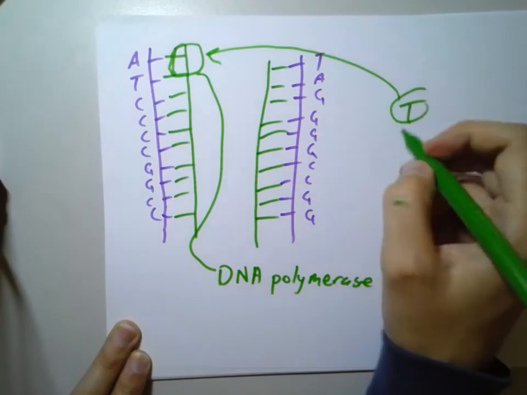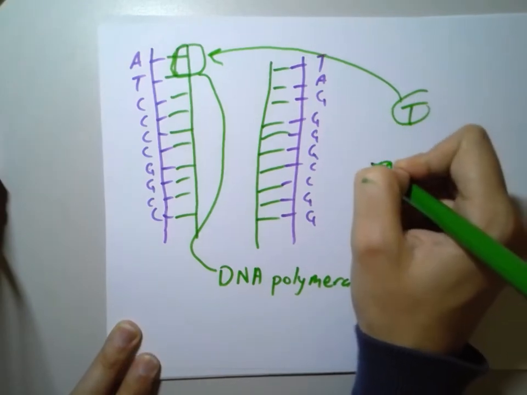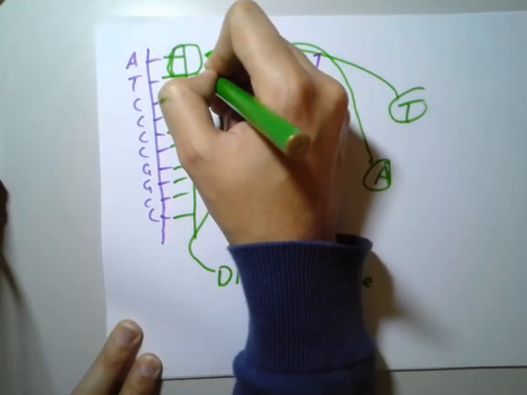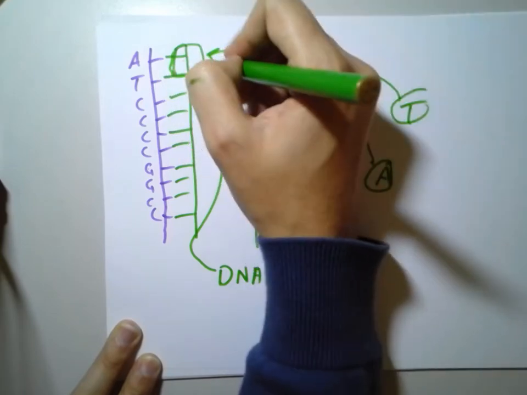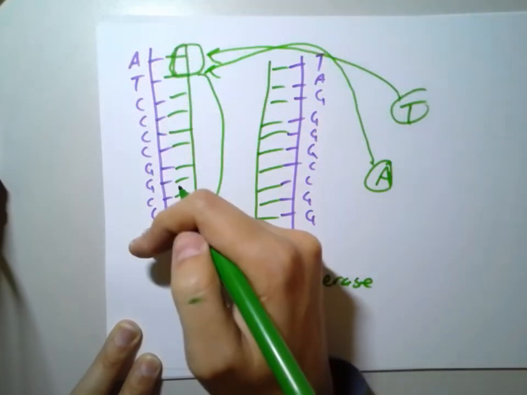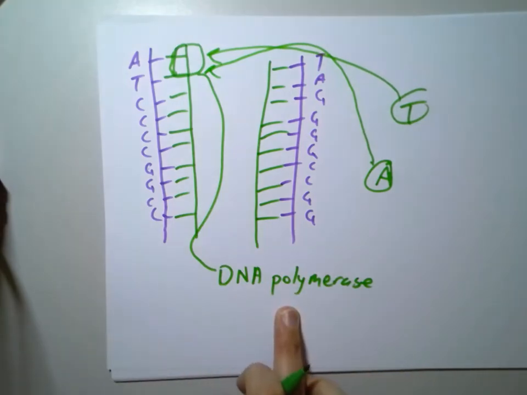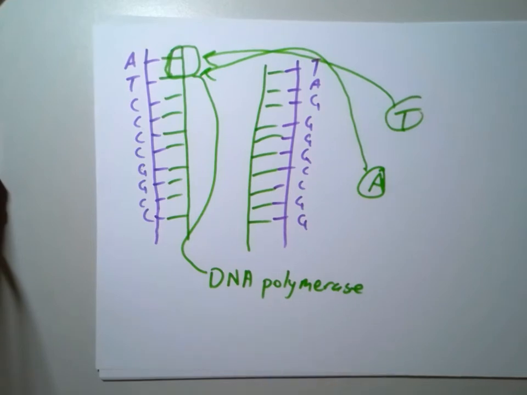And the same thing would happen if you had an adenine in the space. The DNA polymerase will grab that and match it with the thymine. And that occurs until the DNA strand completes. So the DNA polymerase is the enzyme responsible for the matching of the nucleotide bases. That also is not available in your textbook.